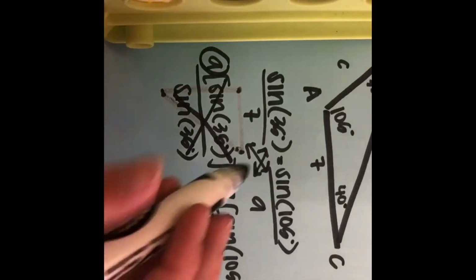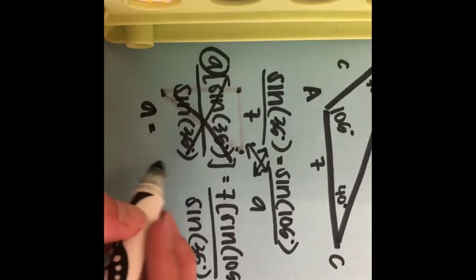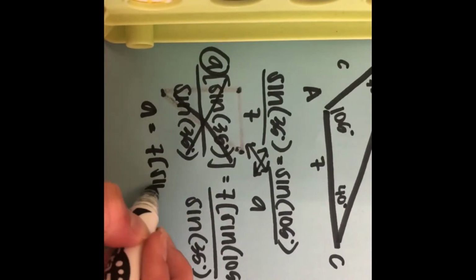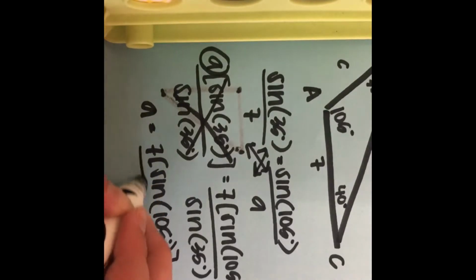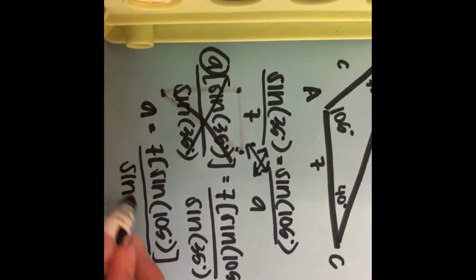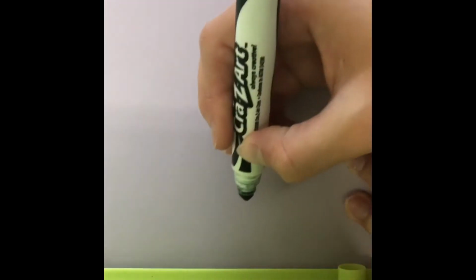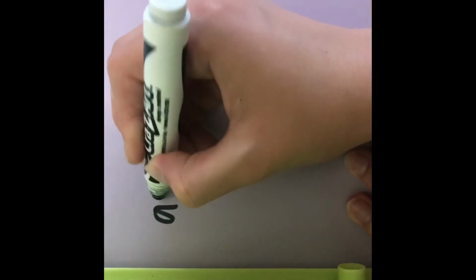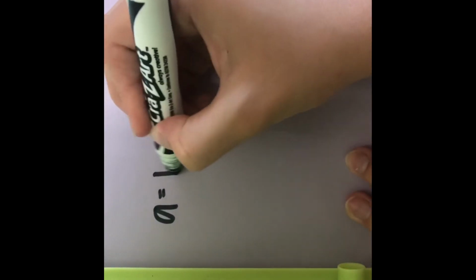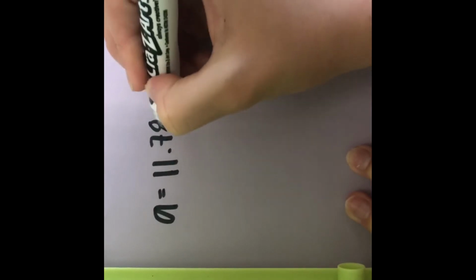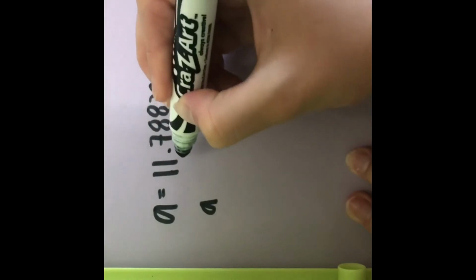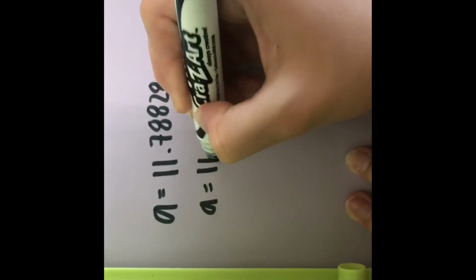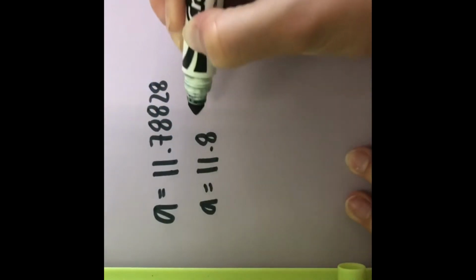Now we can cross out the sine of 35 to get A by itself completely. Now we can write that as 7 times sine of 105 divided by sine of 35. Then you put that into the calculator, and you find that A is equal to 11.78828, and we're going to round to the nearest tenth, so it comes to 11.8.